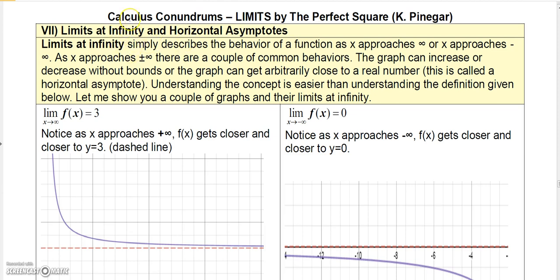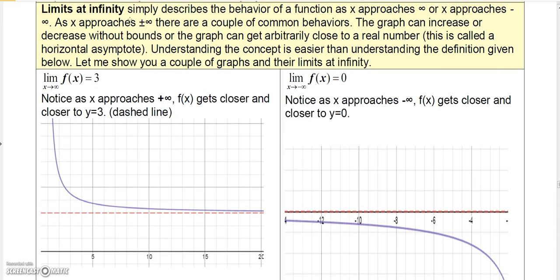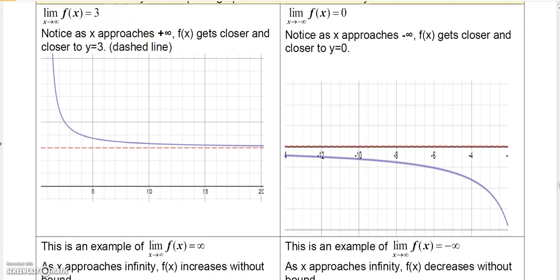I'm going to show you what can happen with limits when x approaches infinity. You see this graph right here?